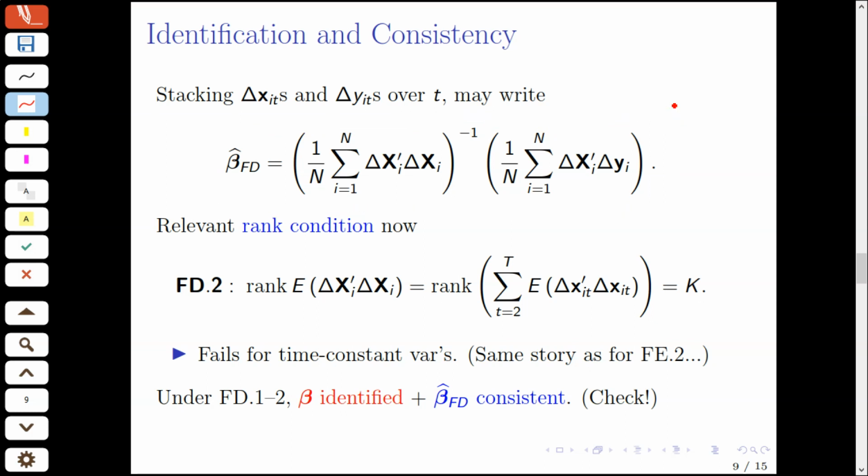Now here I want to stress that this vector of outcomes, this delta yi, is a T-1 vector of delta yit's. Similarly, this delta boldface xi is T-1 by K.